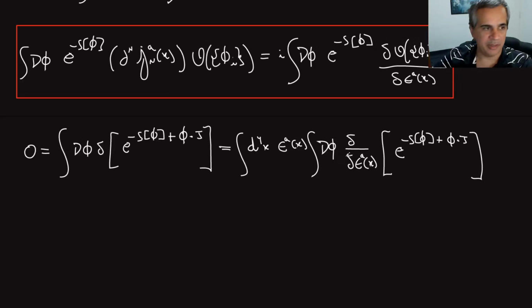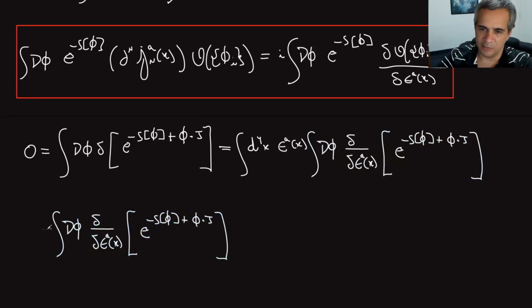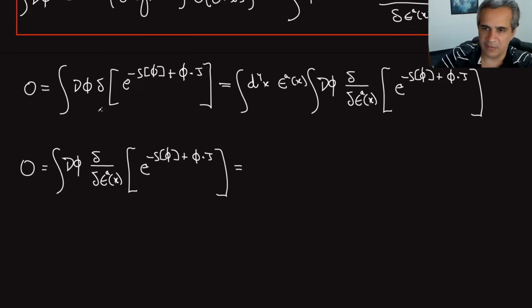Let me keep the variation in terms of epsilon, because then, of course, this is arbitrary. So what needs to be 0 is this guy. Let me put a 0 on the left here, because I can work a little bit more on it, right? I know that, take this first piece, right?